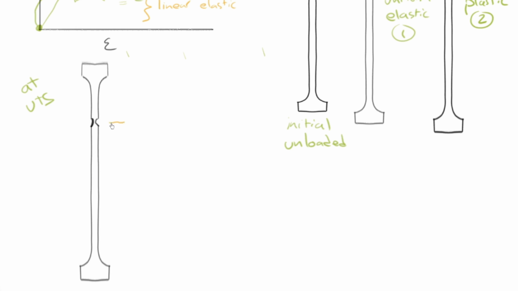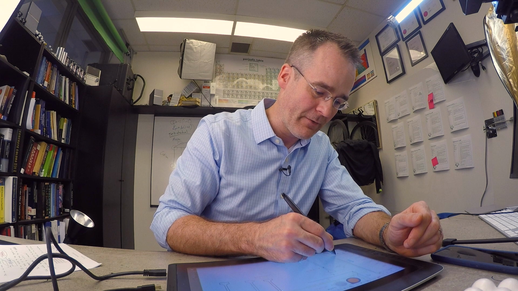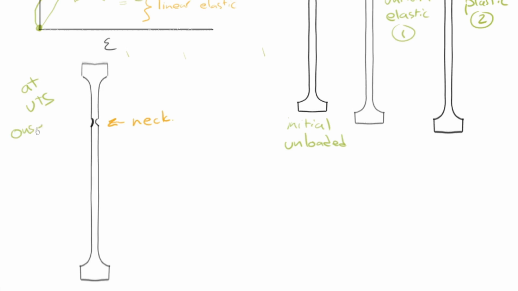That might look a little bit like a neck, a neck of an animal or something like that, or of a human. I don't know. It doesn't really, but it's called a neck. That's actually what we describe. And so, at the UTS, we could say that we have the onset or the beginning of necking.